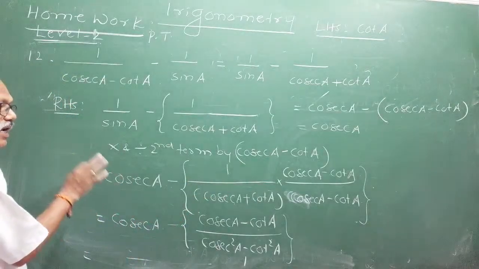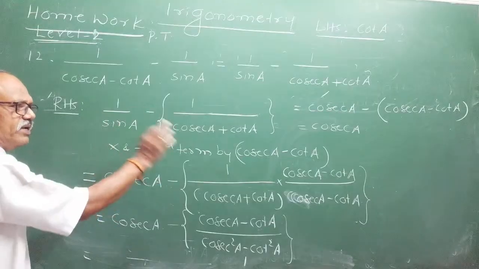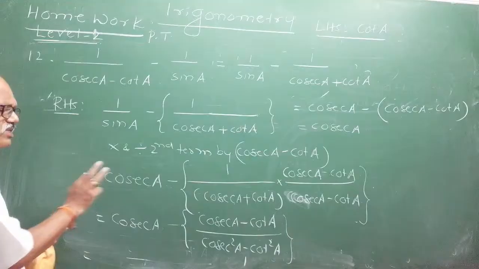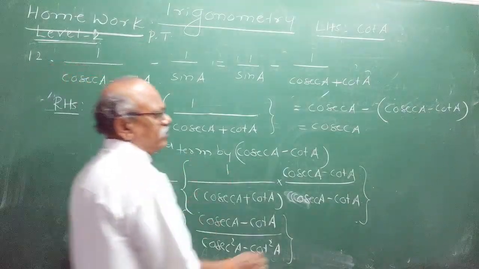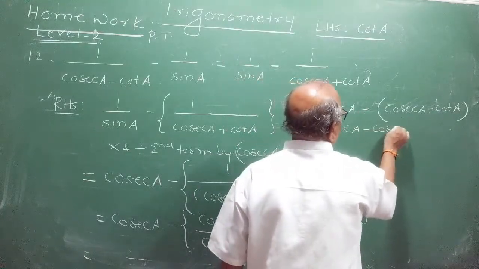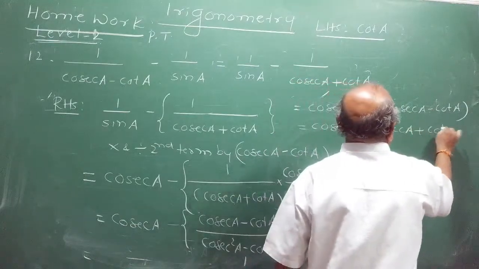Therefore, trigonometry, identities, problem solving is a complete package of your mathematics. Your basics must be very strong. Algebra, arithmetic, geometry, and trigonometry. Remove the bracket. Minus into plus becomes minus cosec A. Minus into minus is plus cot A.